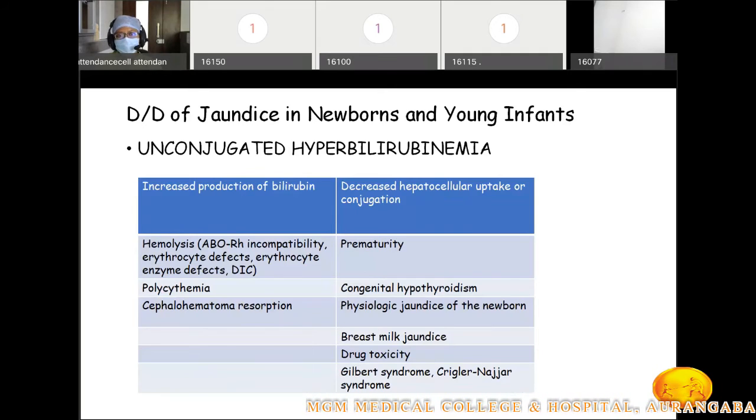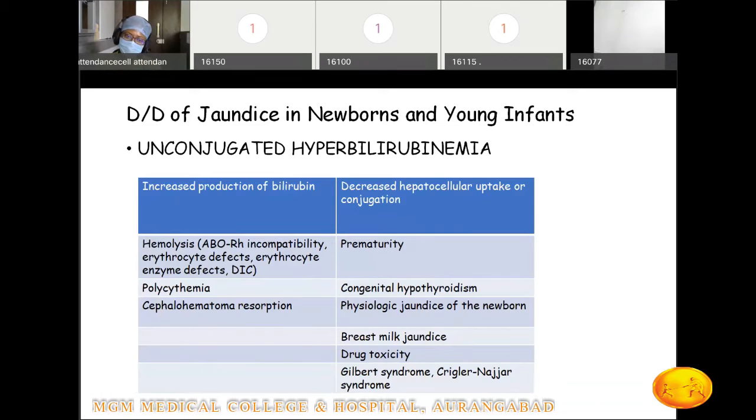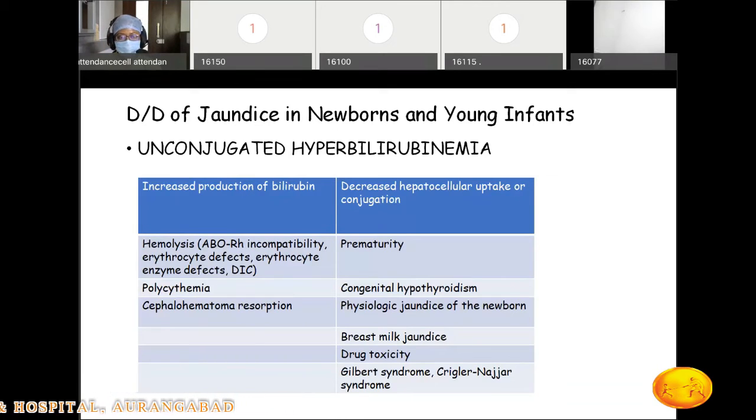The third thing that you see in increased production is some bleeds inside your body. In a newborn baby, the commonest thing that we see is cephalhematoma. As the word itself describes, and like you're in 8th semester, you must have gone through your newborn posting, the cephalhematoma occurs because of some difficult passage deliveries, you might get some periosteal bleeding. So the blood is accumulated in your periosteum.